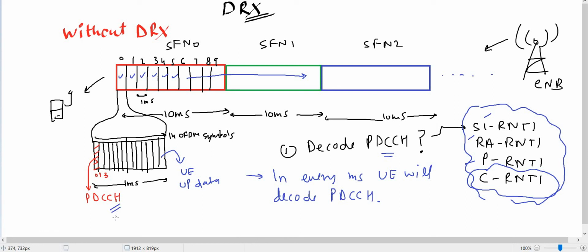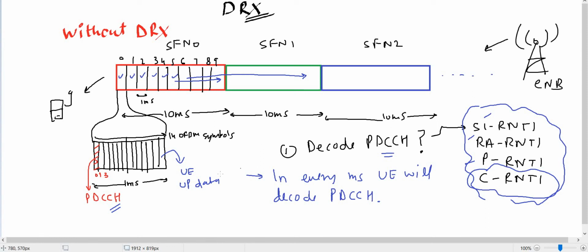That is a wastage of battery. Suppose from the 5th subframe onwards data is not present for the UE, still the UE will not sleep, it will decode PDCCH in each and every subframe, consuming its battery.